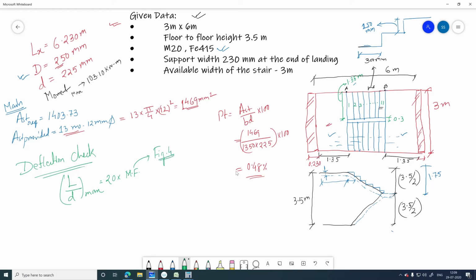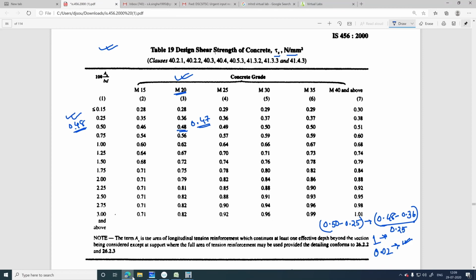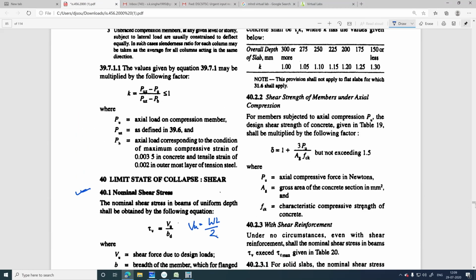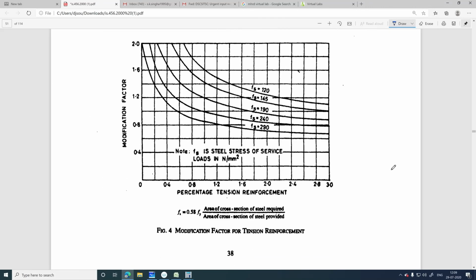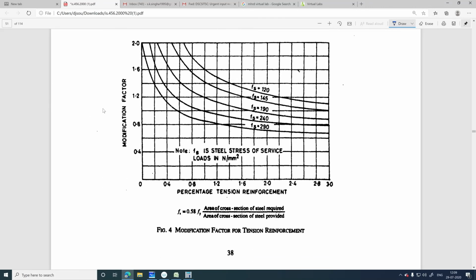We know the value of PT, so we need to determine the modification factor from figure number 4. So let's go there. So this is figure number 4. Here our percentage of steel is 0.48. It is something like this, because this is 0.6 and this is 0.5. So 0.48 is near to this particular point.